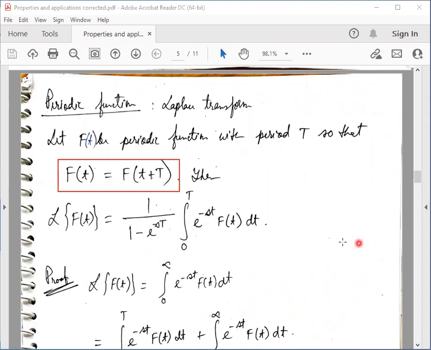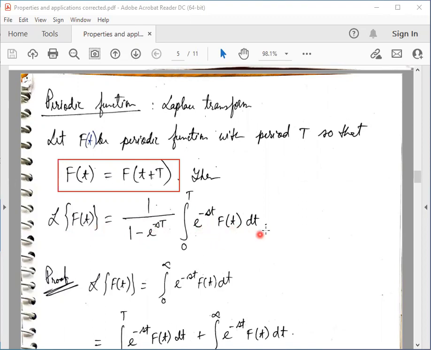Then the Laplace transform of this function f of t is given by 1 divided by 1 minus e to the power minus s capital T, where capital T is the period, then the integration of e to the power minus st f of t dt.